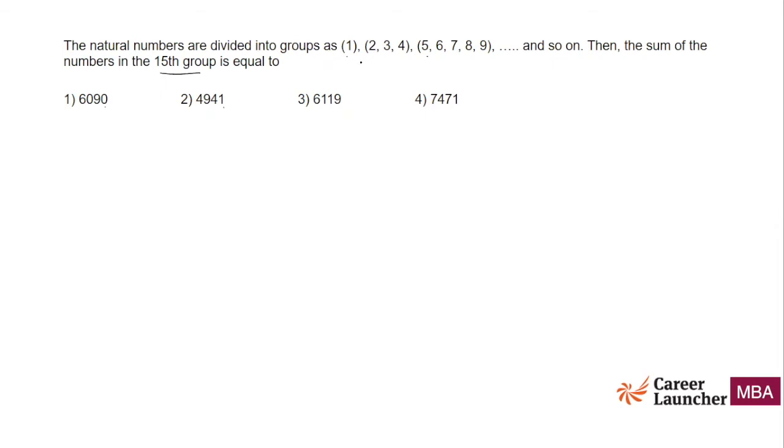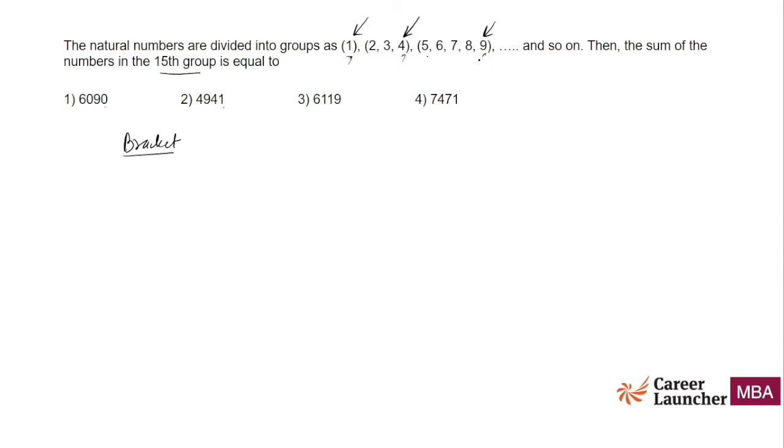So let's look at the pattern here. Let's talk about the bracket. First bracket, second bracket. Let's concentrate on the last number in each bracket because there are some special numbers, right? 1, 4, 9, and so on. And how many numbers are there, or what's the position of that number?